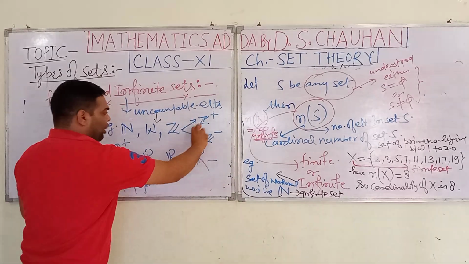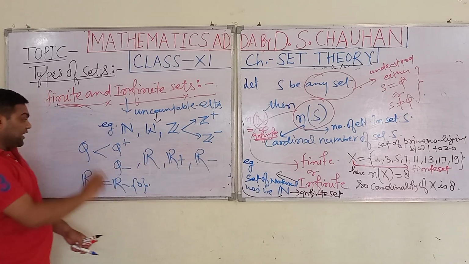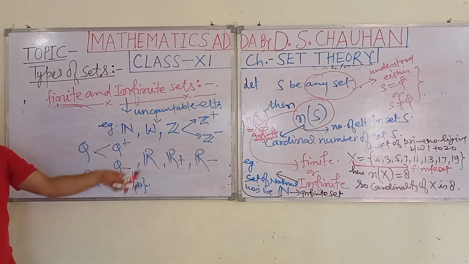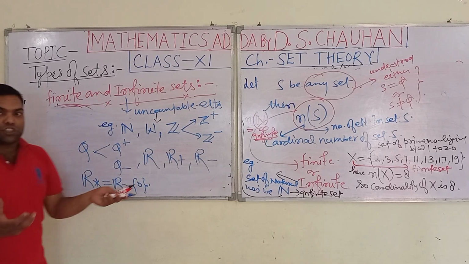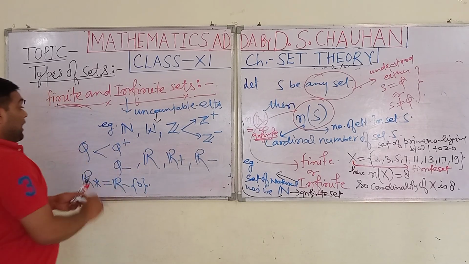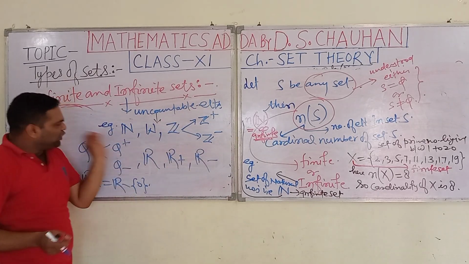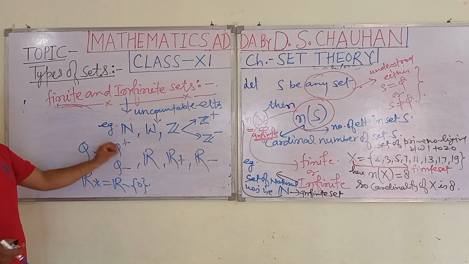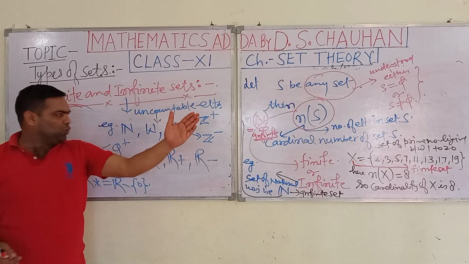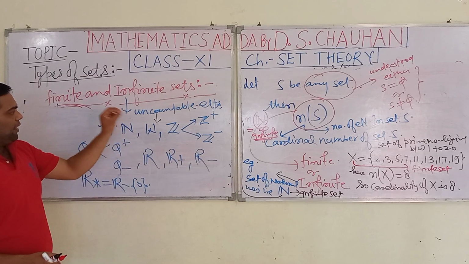These are the symbols, students. All these sets are infinite because nobody knows how many naturals, wholes, integers, positive integers, negative integers, real numbers, rationals or positive rationals there are. Nobody knows, but only we can understand.